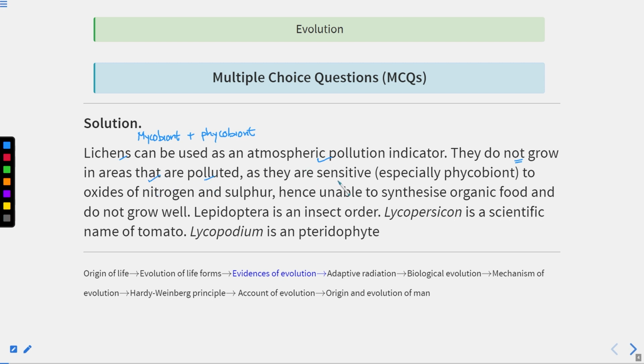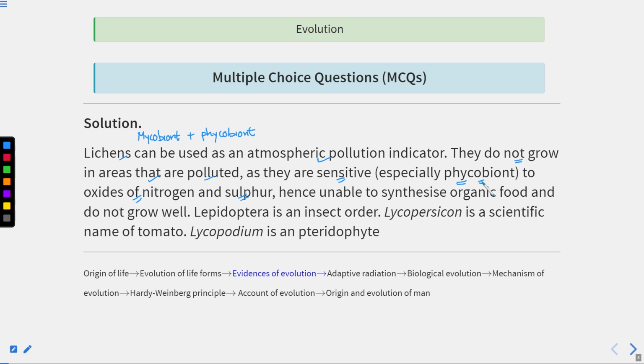Why? Because they are very sensitive, especially the phycobiont, the algal partner. And because of that, when the pollution level increases, such as if oxides of nitrogen and sulfur increase in the atmosphere, in the environment, then this phycobiont is not able to grow well.